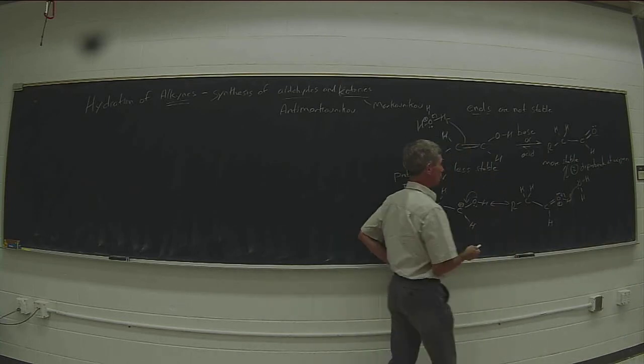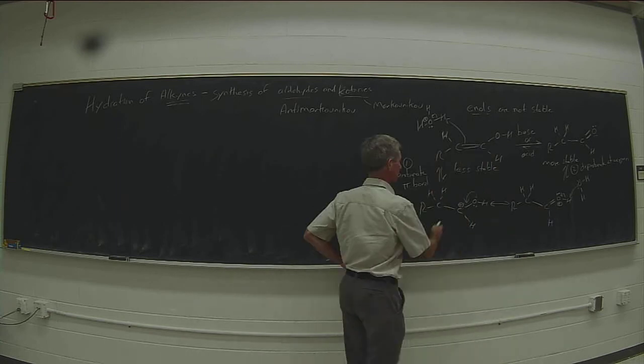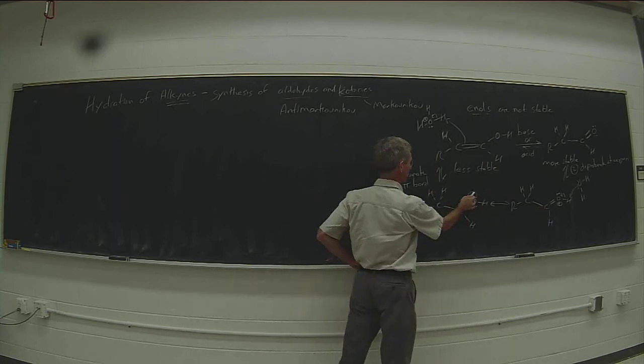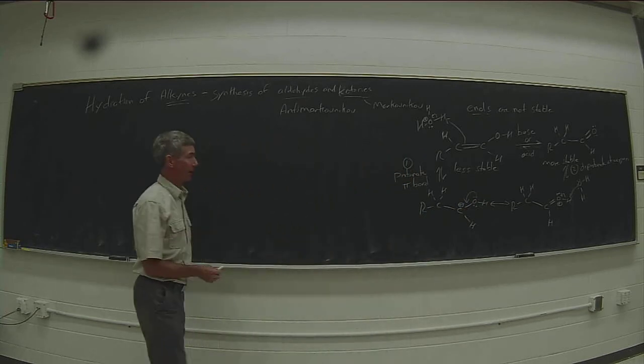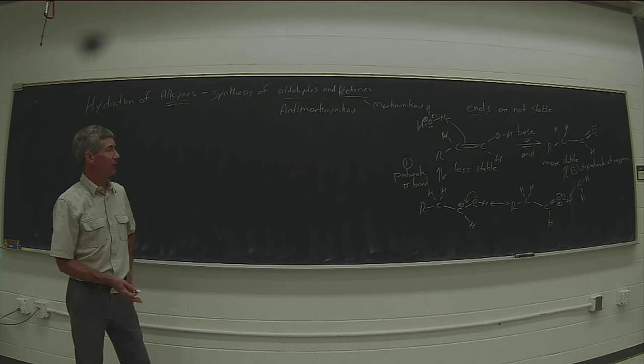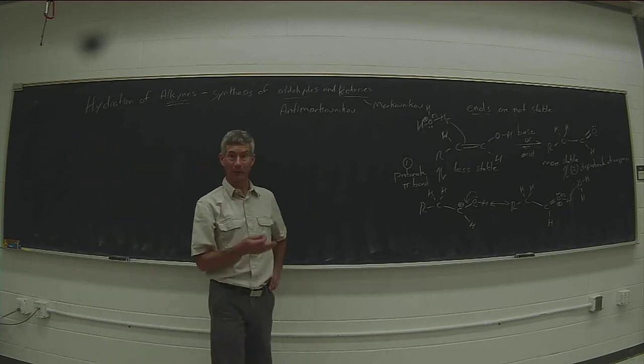And you can show the deprotonation step either from this intermediate or from this intermediate. It's just a matter of whether this arrow would start at the lone pair or at the pair of electrons bound to the hydrogen.